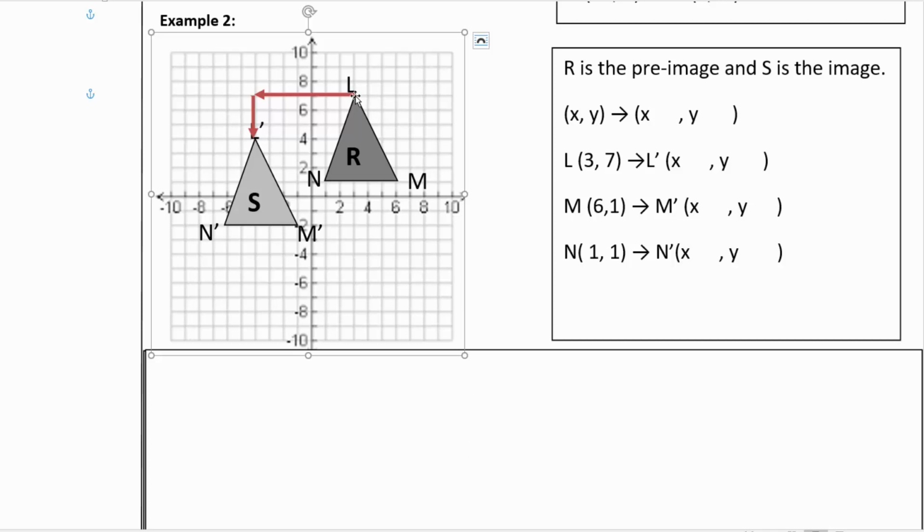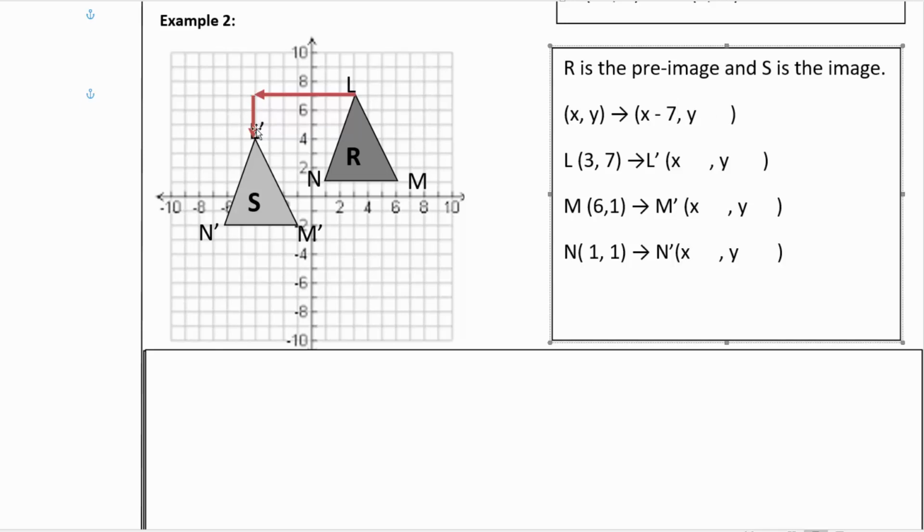From the original point L, it moved 1, 2, 3, 4, 5, 6, 7 to the left. Left is towards the negatives, so to describe our x movement, our left and right movement, it moved to the left, so x minus 7 spaces.